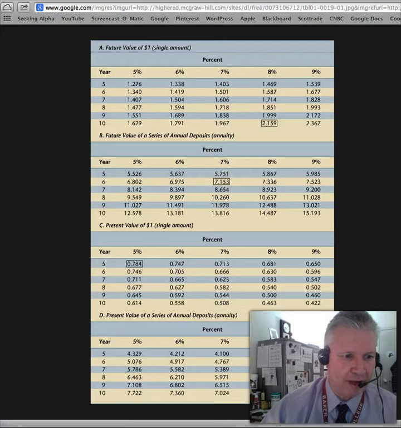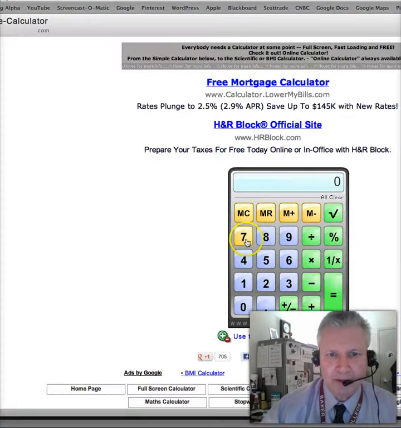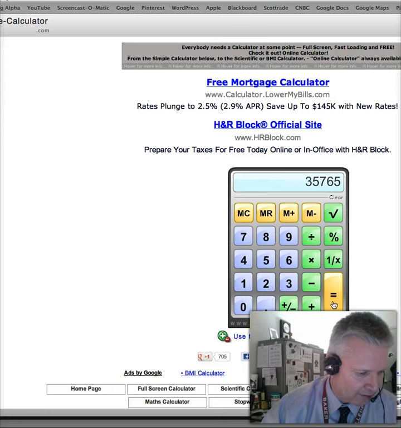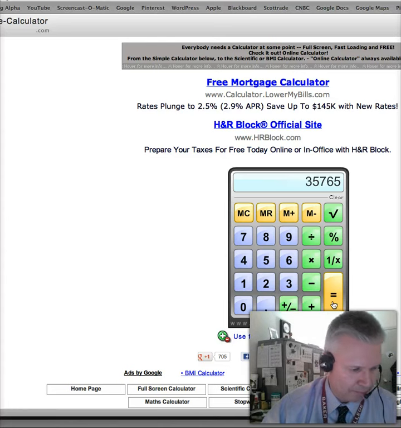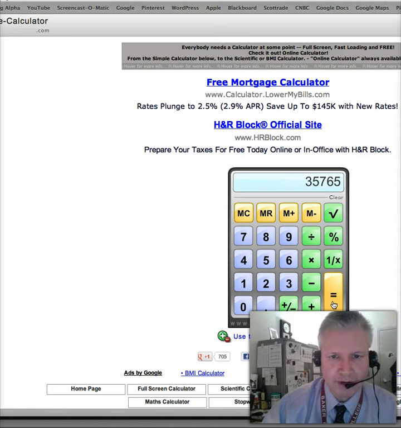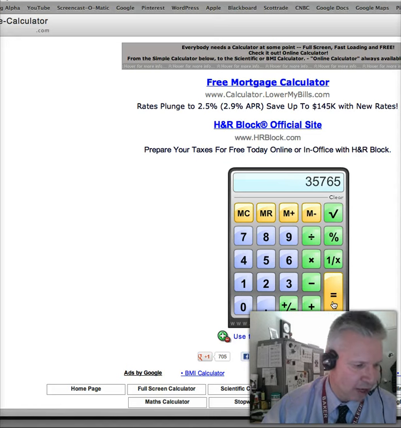So again, we find our calculator: 7.153 times 5,000, because that was the amount of each one of the payments, is 35,765. That's the answer to what is the future value of a series of $5,000 payments for 6 years at a rate of 7%.